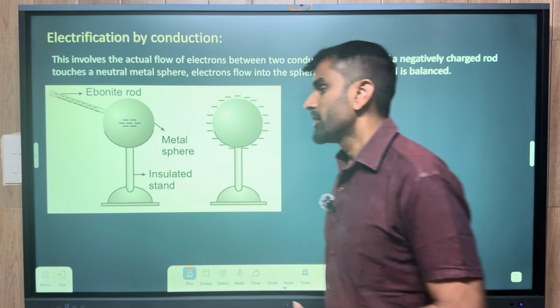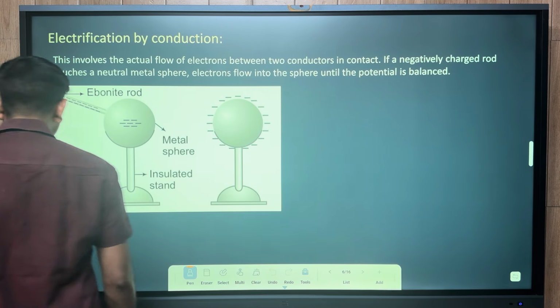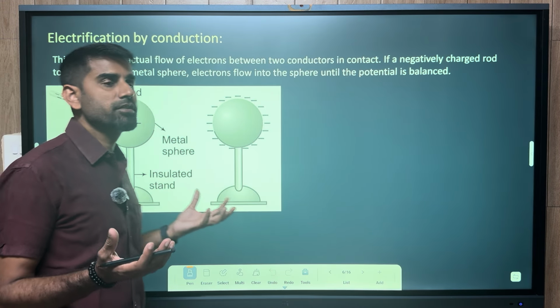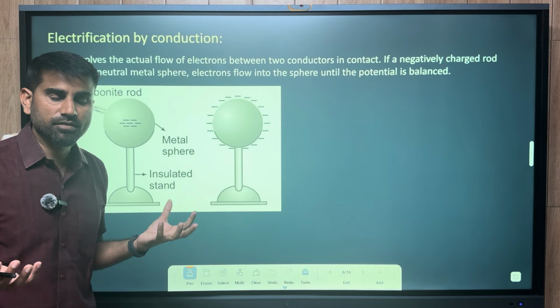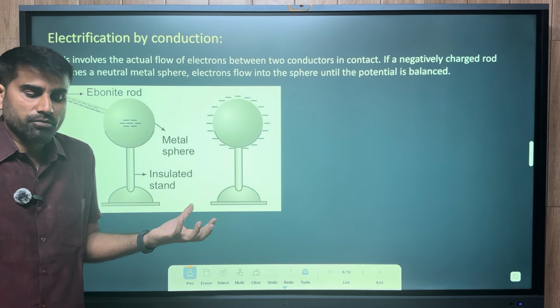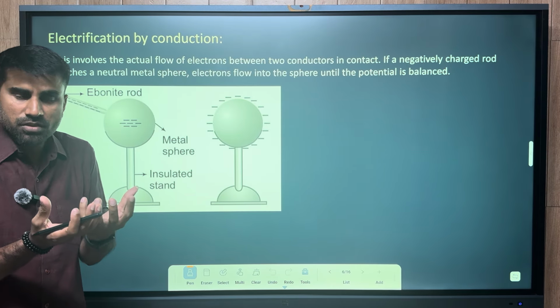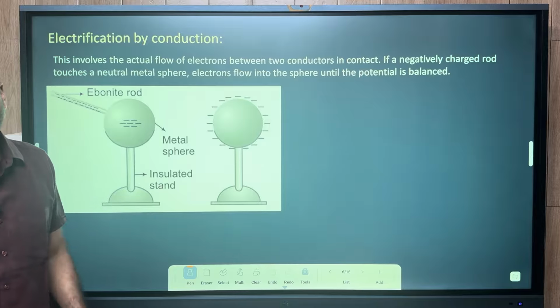As I have already mentioned in the earlier slides, I have considered two identical metal spheres. When I put them in contact with each other, the charges are transferred from one body to another.